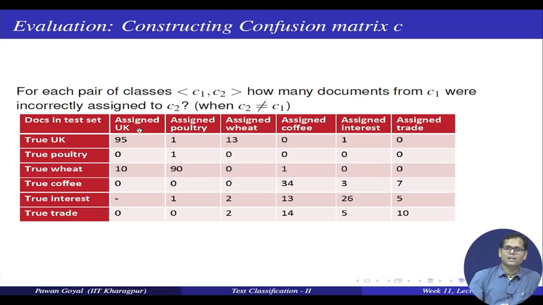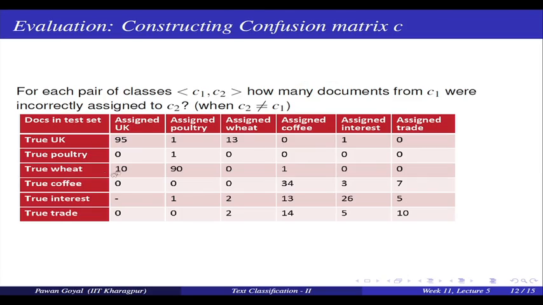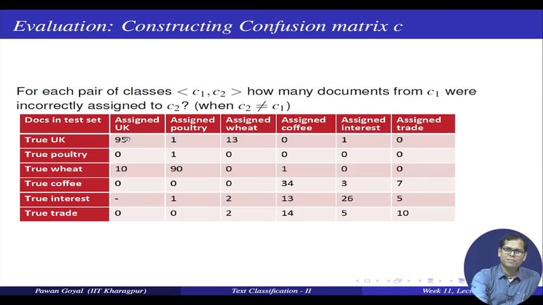What is the precision of the class UK? By precision I mean, whatever documents my classifier is assigning as UK, what fraction of them are actually UK. It is assigning 105 documents to UK, 95 of them are actually UK. So precision for class UK would be 95 divided by 105.